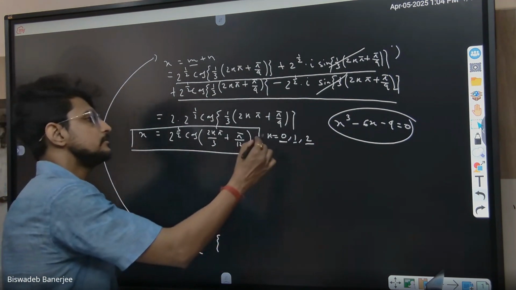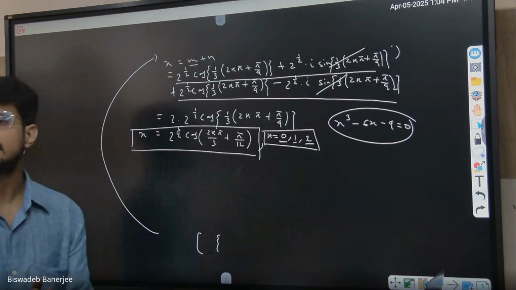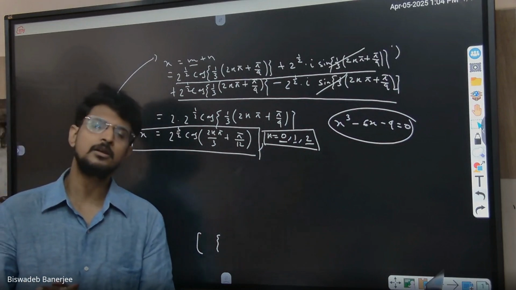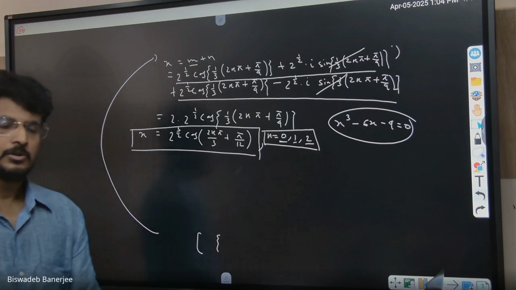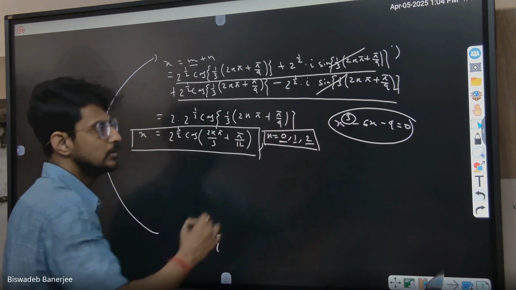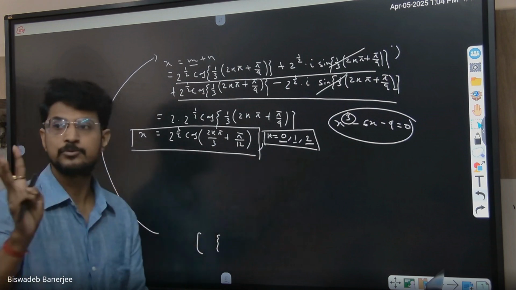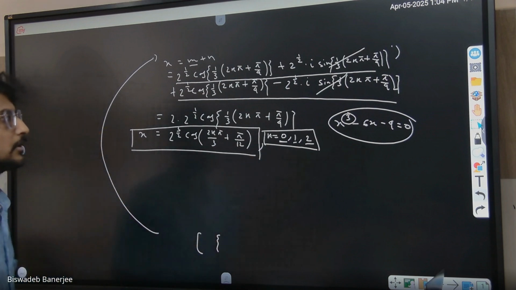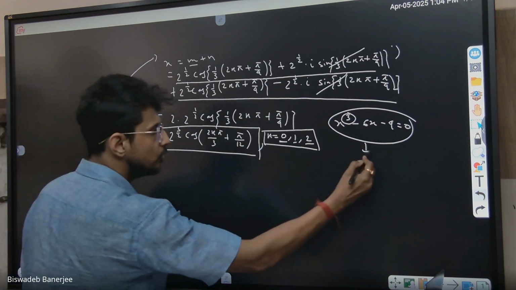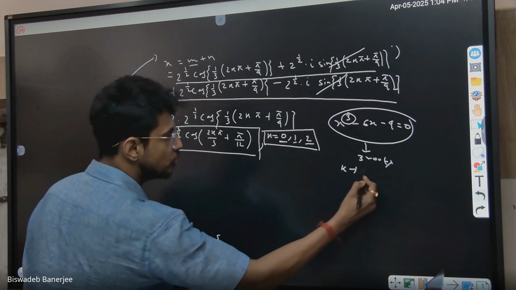Range of k: basically we always take k as a positive integer. There are 3 roots, so k must assume 3 values.